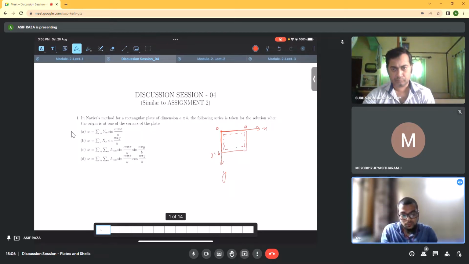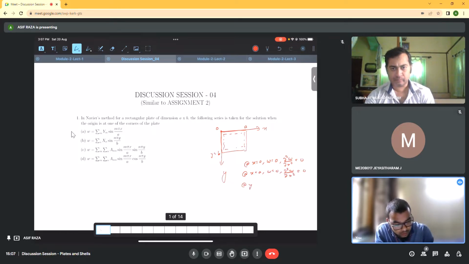If this is the condition, what boundary conditions do we have? At x equal to a, we have w equal to 0 and del square w by del x square equal to 0. Similarly, at x equal to 0, if you take this as 0 and this as a, w equals 0 and del square w by del x square equal to 0.